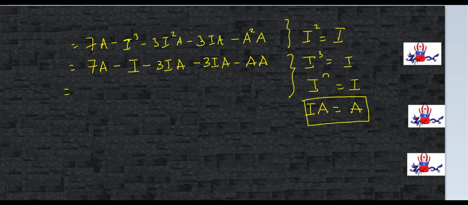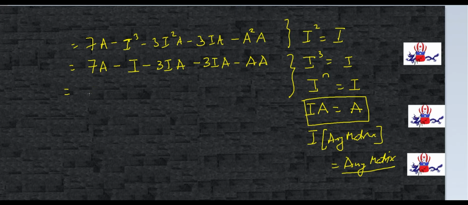Having known this result that I times A is equal to A, in fact, I times any matrix for that matter will always give you that matrix, whatever matrix you're using. So let that be a concrete output that you remember.